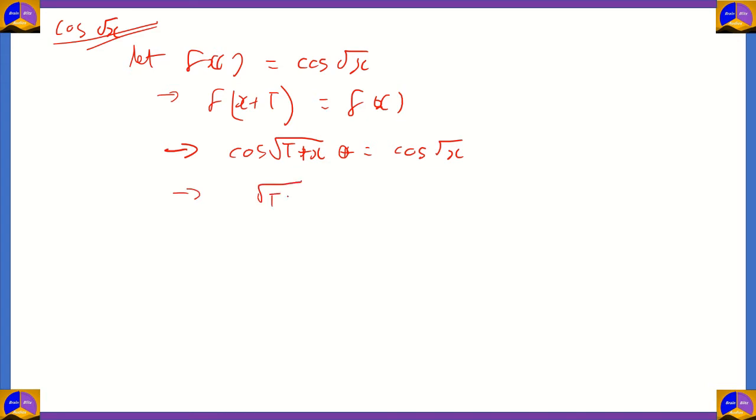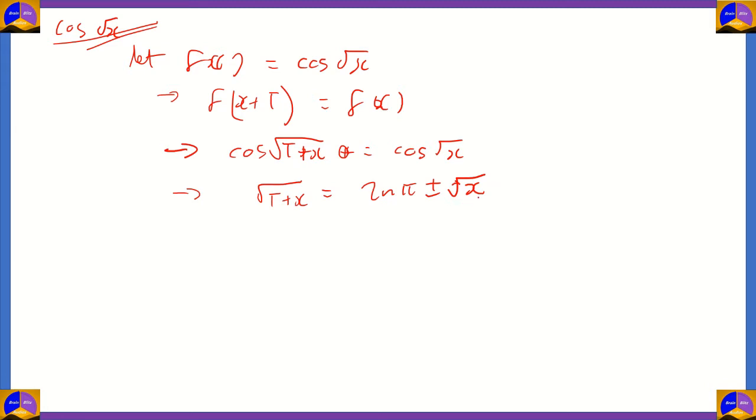That means root of t plus x can be written down as 2n pi plus minus root x, because to find the angle theta for a cos function, you use the general solution formula 2n pi plus or minus theta, which in this case is root x.